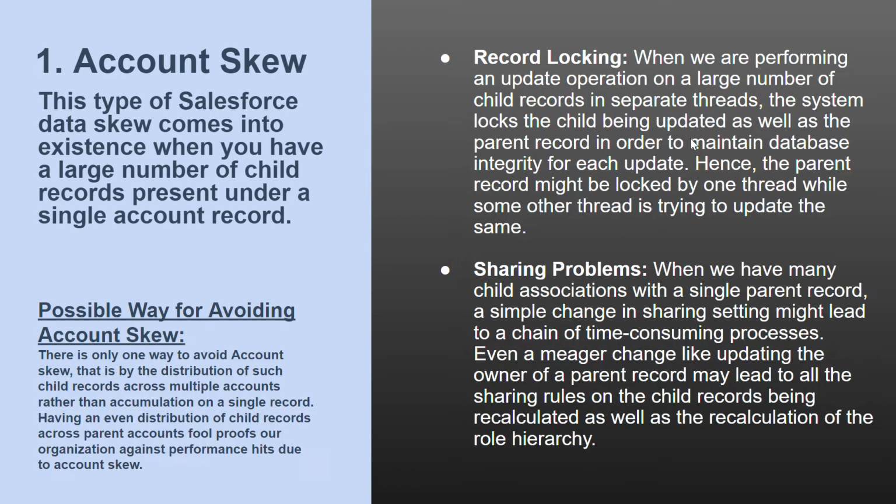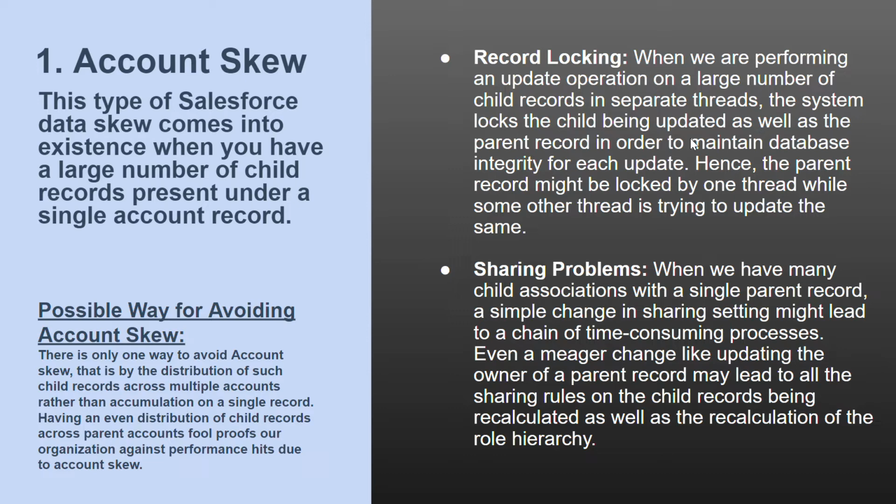Account skew is a data skew when you have a large number of child records under a single account record. As we have seen earlier, if we have more than 10,000 contact records related to a particular account, that is when there will be an account skew.